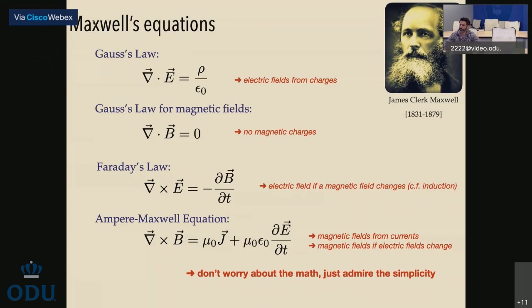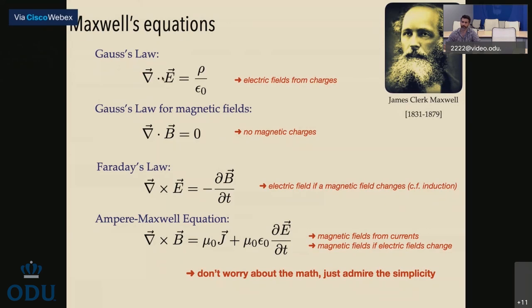James Maxwell, shown here, is one of the most significant scientists of the last couple of centuries. And let me walk you through Maxwell's equations, which not all of them were presented by him, and they carry different names.